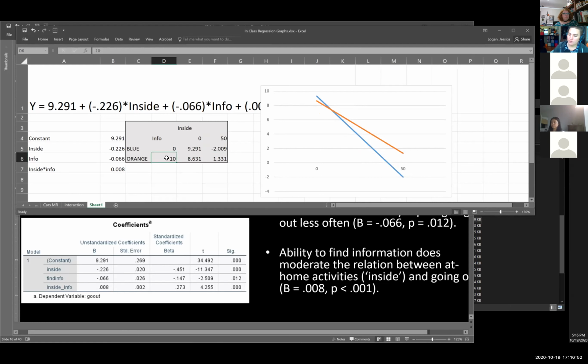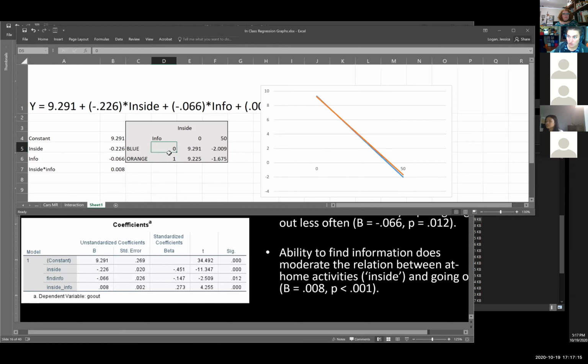If I move this one up, look what happens to the slope. Does somebody need something? No? Okay. So when the difference between my slopes here for 0 and 1, see the slopes are really similar between my blue and orange lines for info.